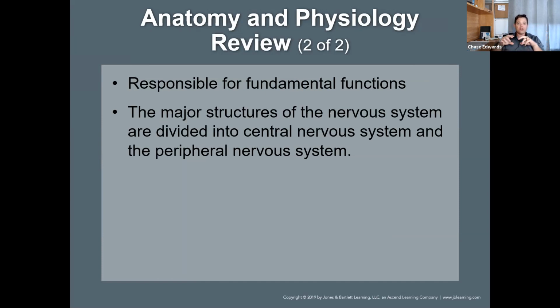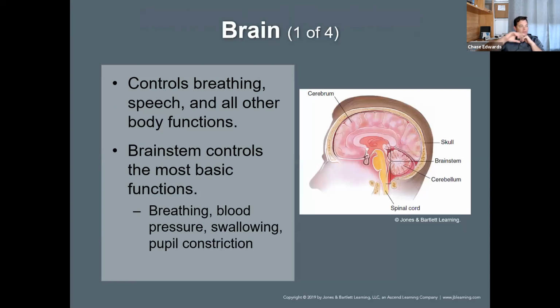The major structures of the nervous system are divided into the central nervous system and the peripheral nervous system. All right, we see here we've got a setup of the brain. So the brain controls breathing, speech, and all other body functions.